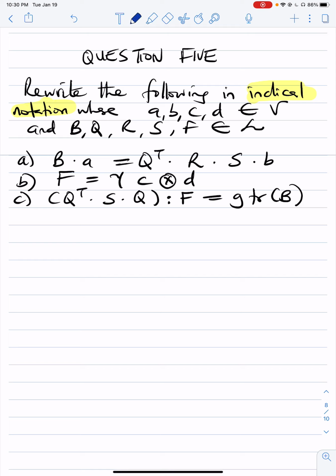We write the following in indicial notation where a, b, c, d are vectors, and Q, R, S, F are tensors. Sometimes I've seen people write tensors in different ways. So number 1: a = Q transpose R S b. Now I want to write this in indicial notation.